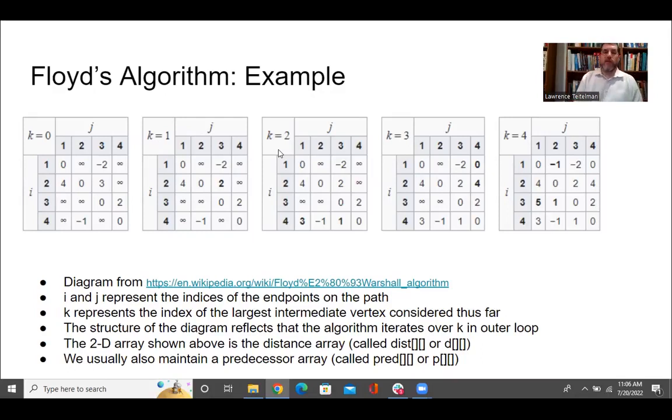Does that change anything? And I use the previous results to help me. Then if I introduce intermediate vertex 3, what happens if I introduce intermediate vertex 4? And slowly but surely, I'm able to get rid of some of those infinities and get shorter paths there.